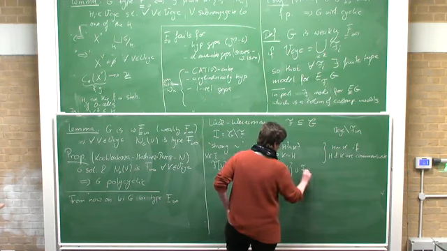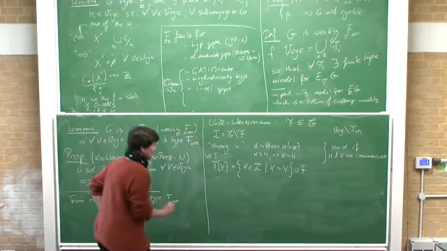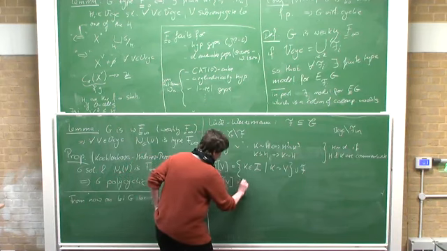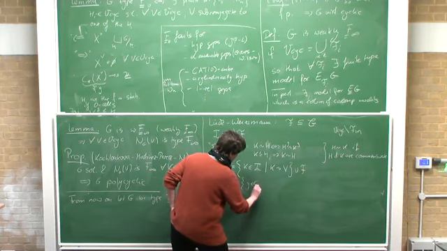But now we throw in the little family as well. And they look at the normalizer of the class of V, so this is all the g in G that preserve the class.